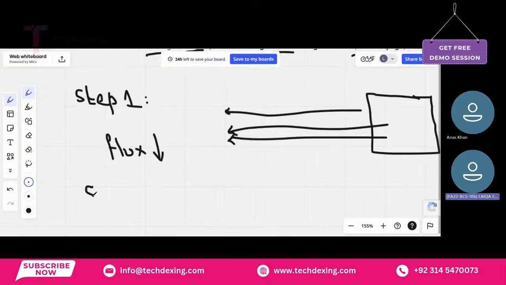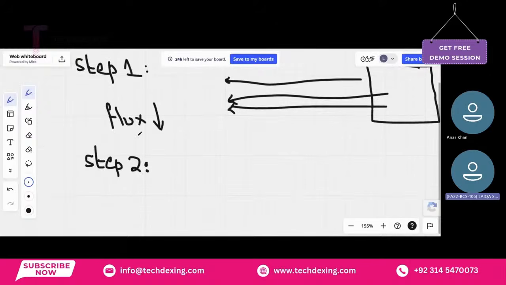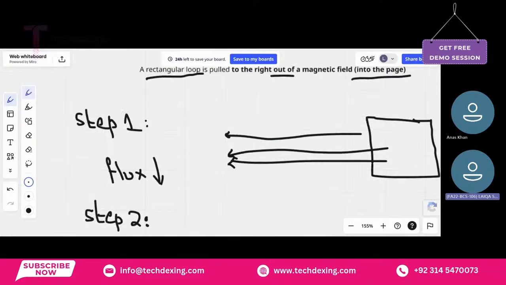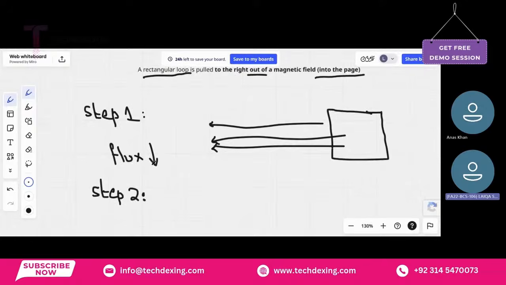So in step 2, we have to identify the direction of the induced magnetic field based on the effect on the flux. We will get step 2 from step 1. First, we have to identify whether the flux is increasing or decreasing, and then according to that, we will see what will be the direction of our induced magnetic field.